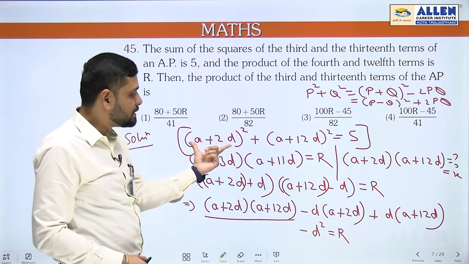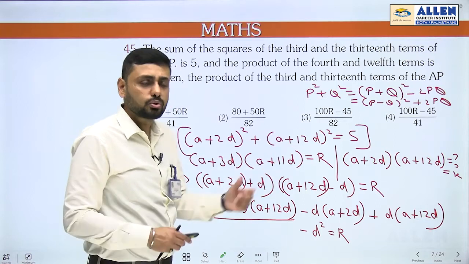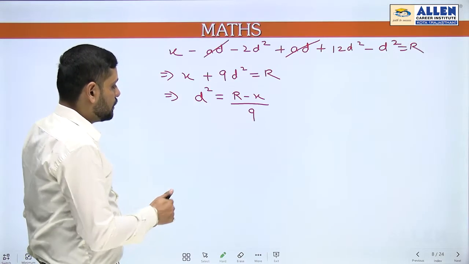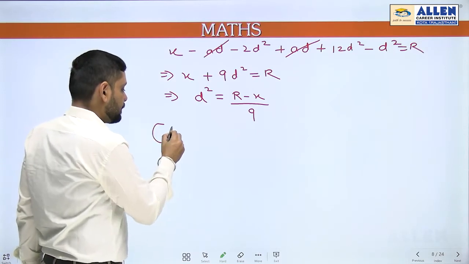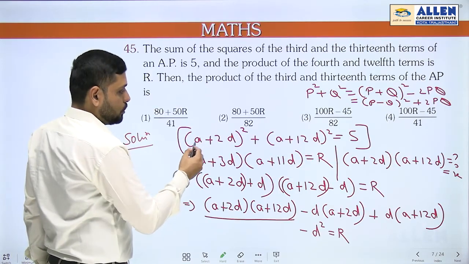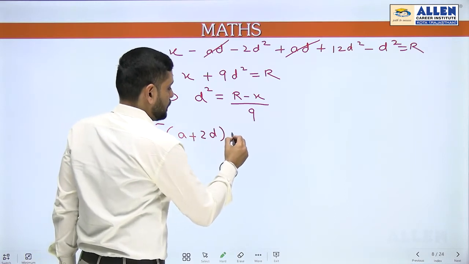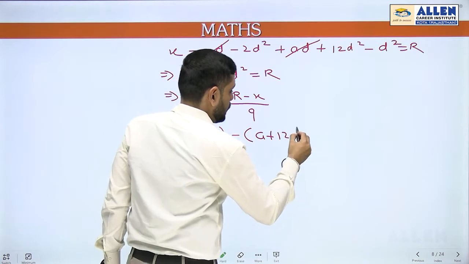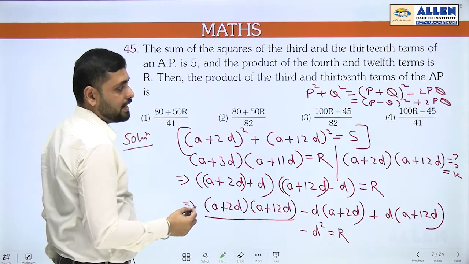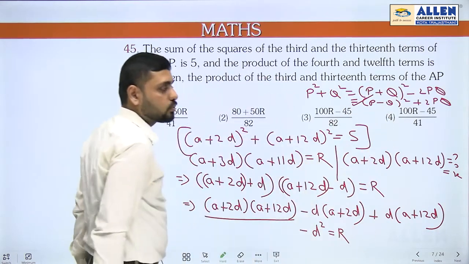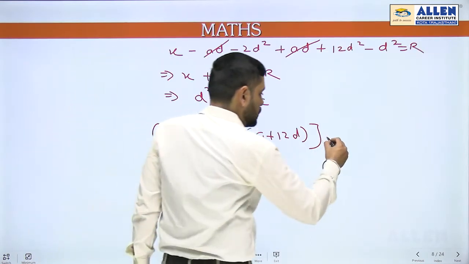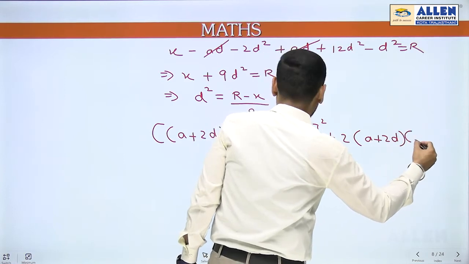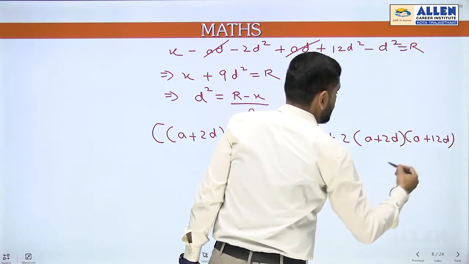Suppose we take this as p, it will be p square, and here it is q square. So we can write it down as a plus 2d minus a plus 12d. It means we are using the second identity, p minus q whole square plus 2pq, plus 2 times a plus 2d into a plus 12d, right.